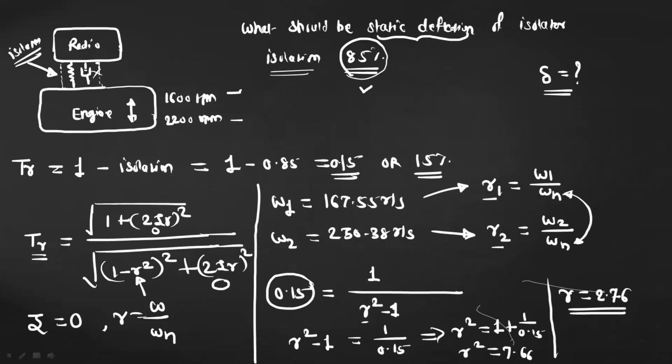Now we have to substitute r as R1 and calculate the omega n, and then substitute r as R2 and calculate the omega n.